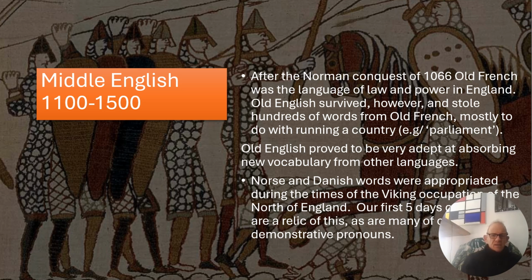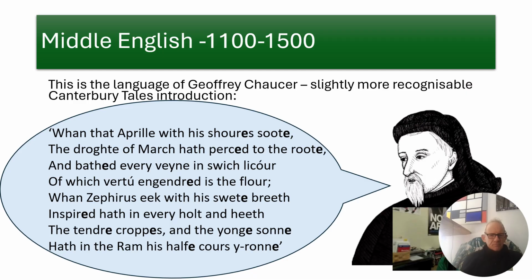It became the language of governance, so a lot of the governing words were French. But English absorbed a lot of the French language. That's a picture of the Bayeux Tapestry, which was the battle. And of course, it was King Harold that got the arrow in the eye.